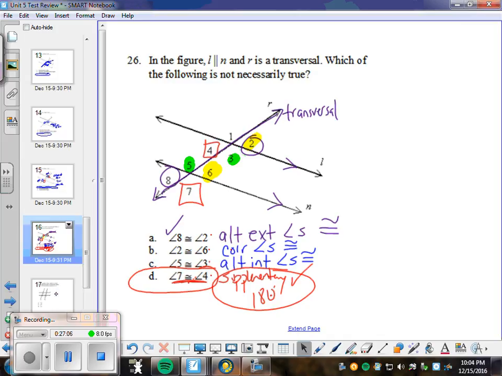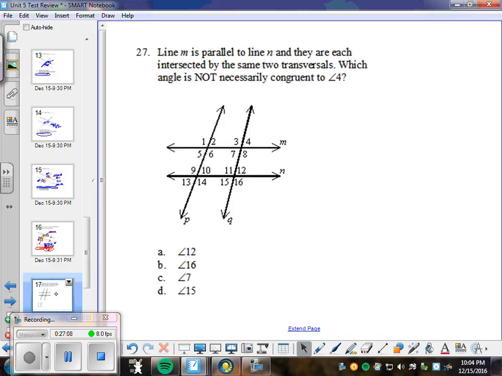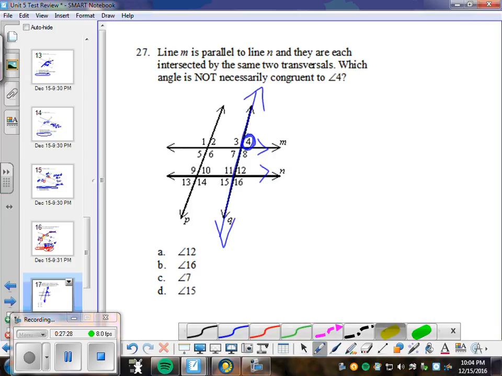Okay, number 27. Line M is parallel to line N, and they are intersected by the same two transversals. Which angle is not necessarily congruent to angle 4? All right, here's angle 4 sitting here with this transversal, and then this is another transversal.